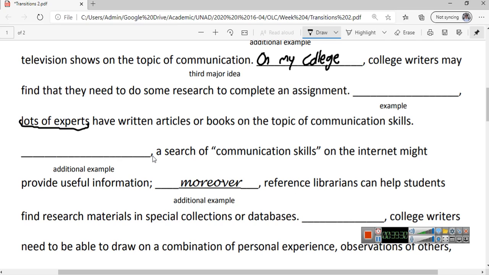In addition, look what experts. In addition, that one sounds good. Let's see. In addition, lots of experts have written articles or books on the topic of communication skills. That sounds very good. Very well, Viviana.